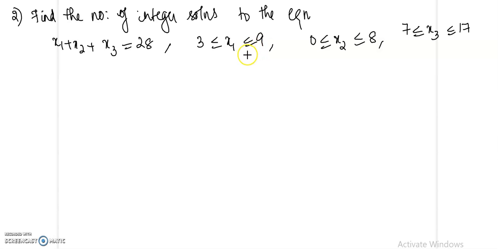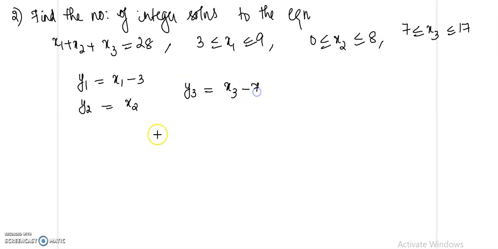So for that I will consider the variables x1 minus 3 and x3 minus 7. So let me take y1 equal to x1 minus 3, y2 same as x2, and y3 equal to x3 minus 7.